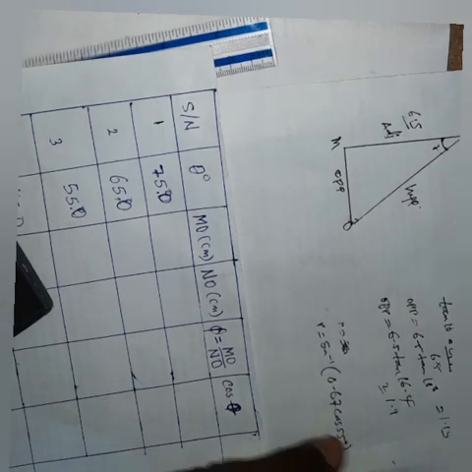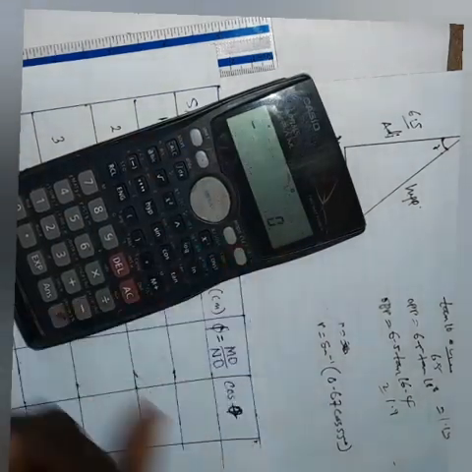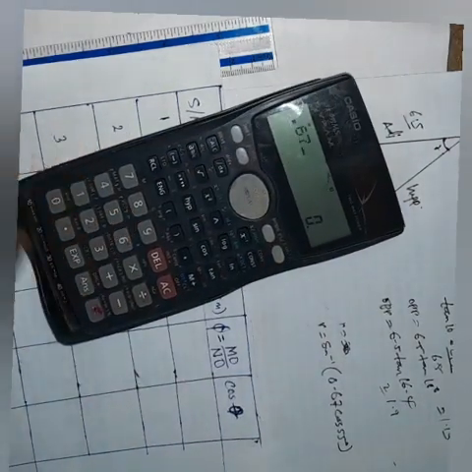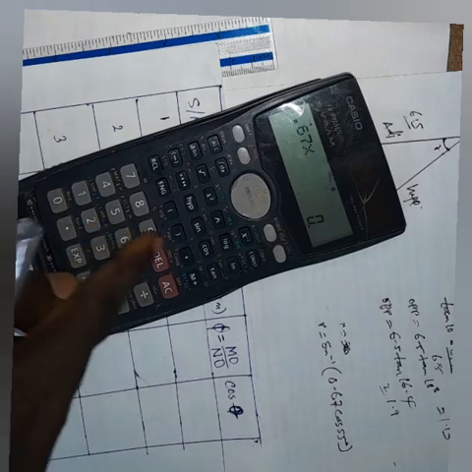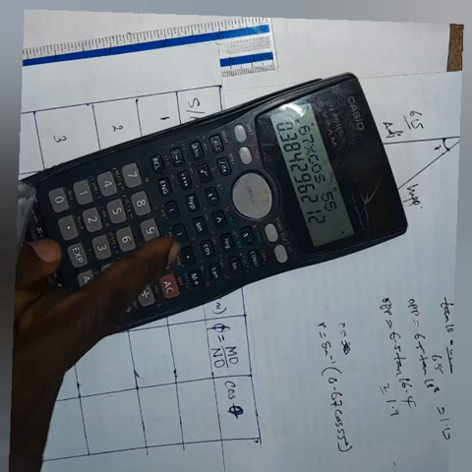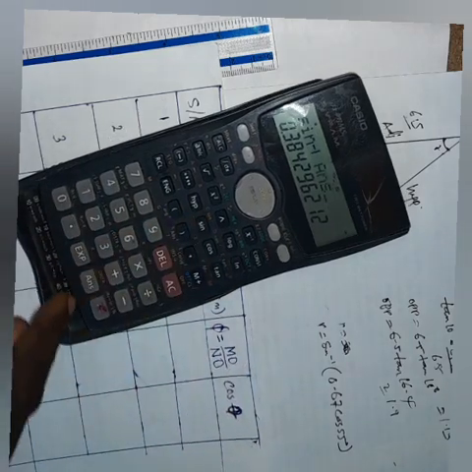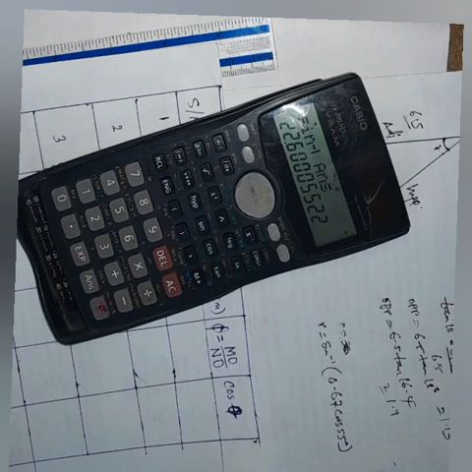You don't need to write all of this all the time. You just press 0.67 times cos 55 on your calculator. That gives me this. Then I press shift sine, answer. That gives me 22.6 degrees.